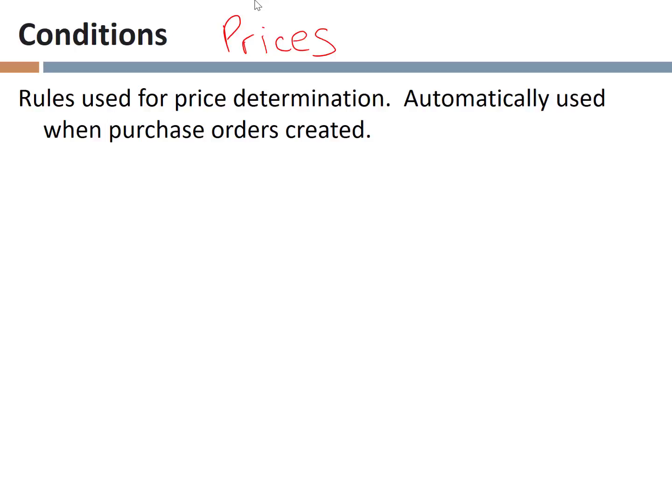We could also have rules that don't focus so much on how much you have bought right this minute, but how much you've bought this year. We might say, okay, up until the point where you buy 1,000 units, the price is going to be X. But after you've bought 1,000, from 1,000 to 5,000, all the units you buy in that spread are at a different price.